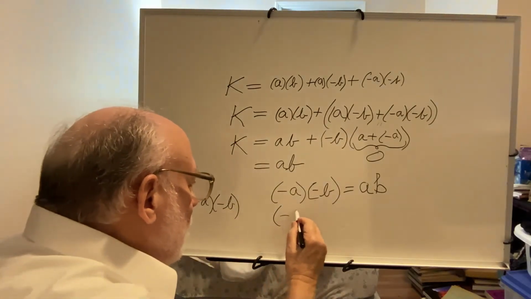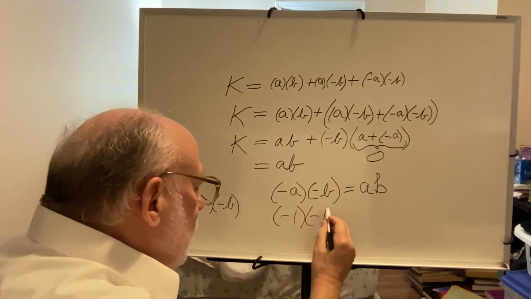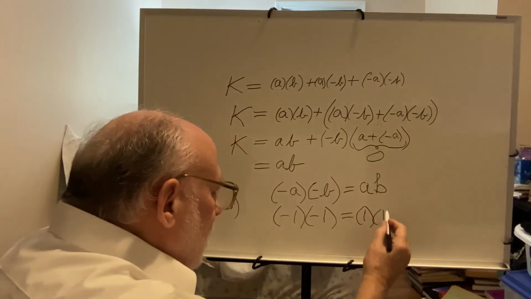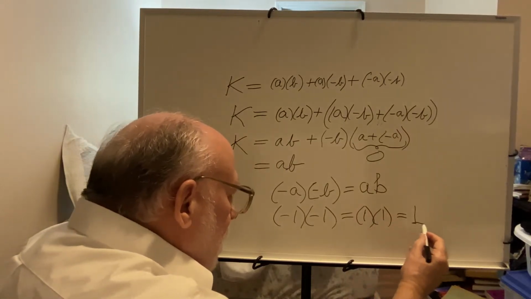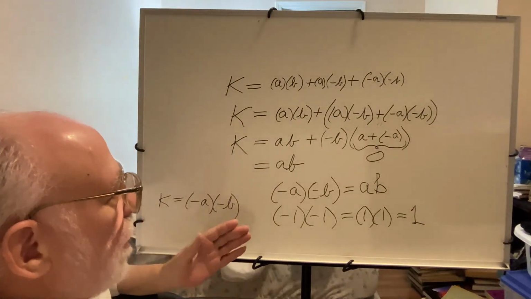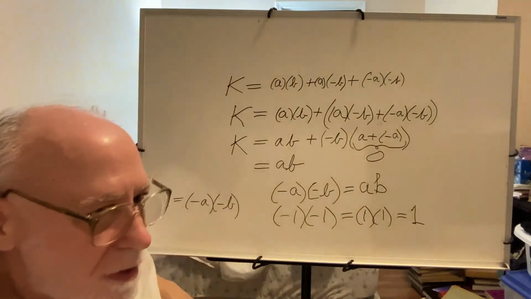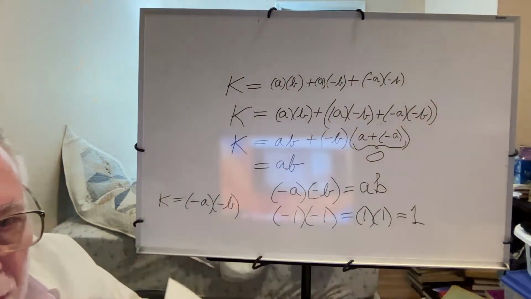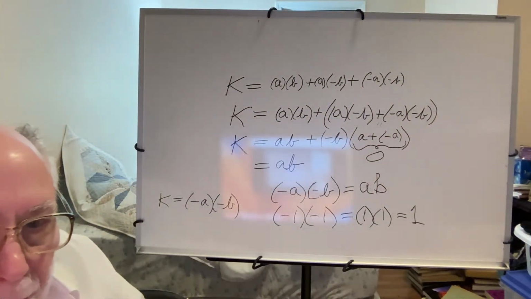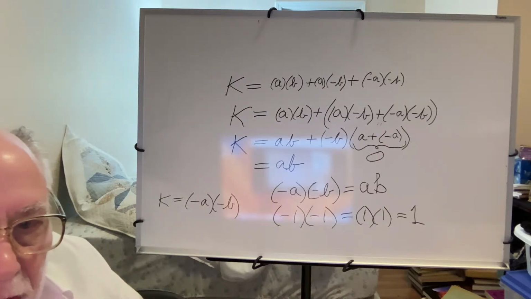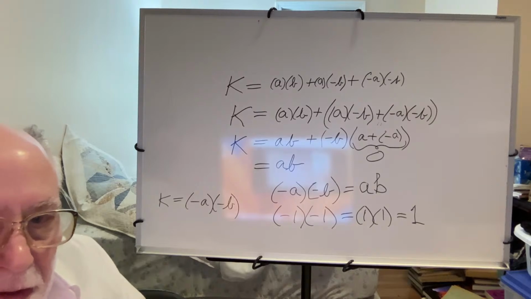So we put A is equal to 1, and B is equal to 1, and 1 times 1 is 1. And so that's why we can make this assertion. That's the end of this, and hopefully you can accept that.